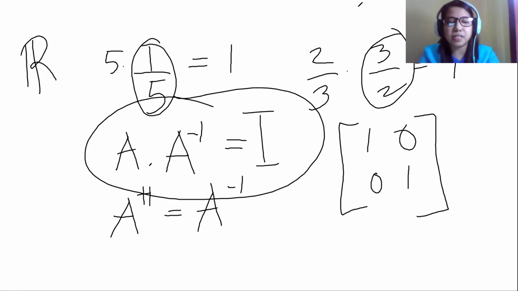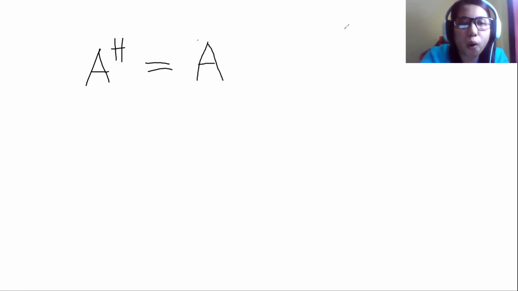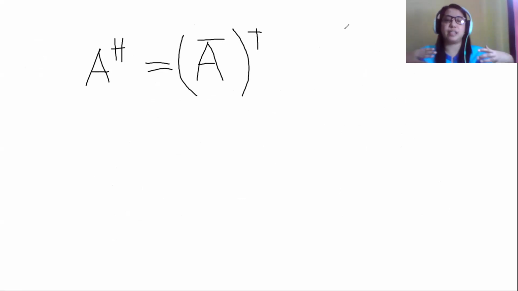So first, as mentioned, our A^H is actually equal to the transpose of the conjugate. We have to get the conjugate and then get its transpose.